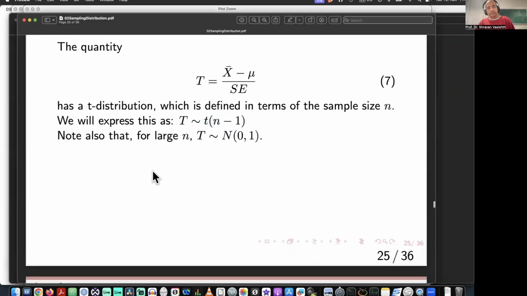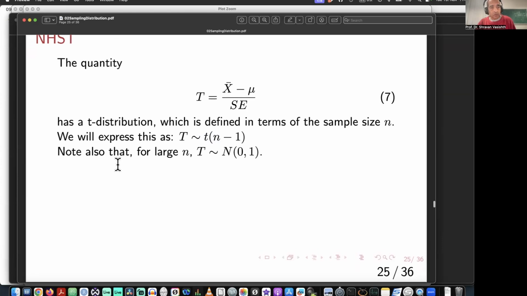One other interesting thing to notice about the t distribution is that as n goes to infinity, as your sample size goes to infinity, the t distribution starts to look more and more like the standard normal distribution. In fact, as n goes to infinity, the t distribution becomes the standard normal distribution. When n is small, the t distribution has slightly fatter tails than the standard normal distribution.